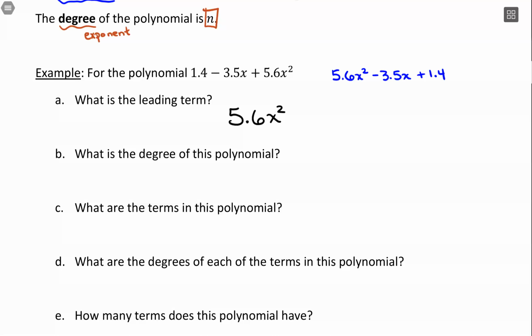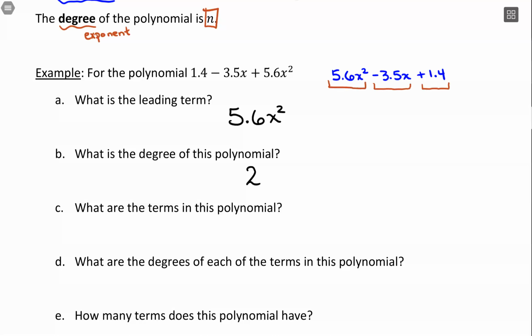What is the degree of this polynomial? So the degree is coming from the exponent, so it's that value of n. In this case, it's that exponent of 2. What are the terms in this polynomial? As a refresher, terms in mathematics are what's separated by addition and subtraction. So this is the case where we have 1, 2, 3 terms.